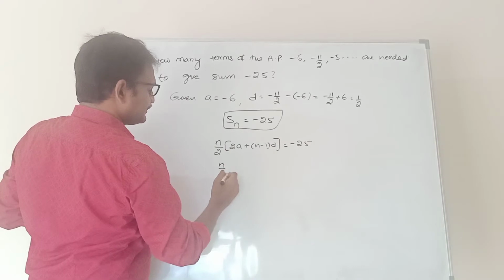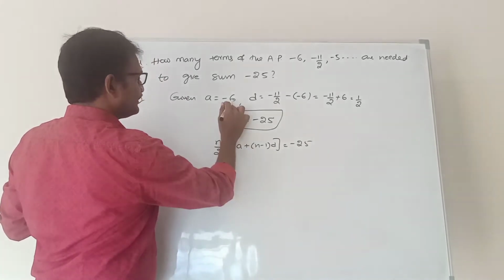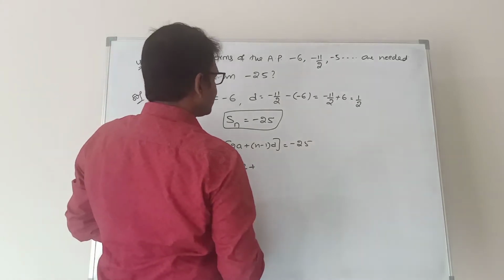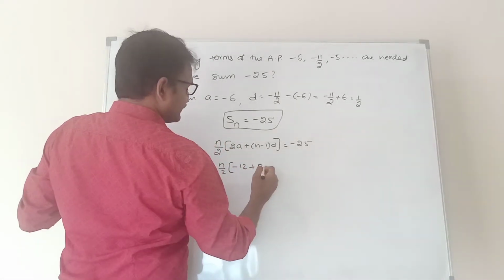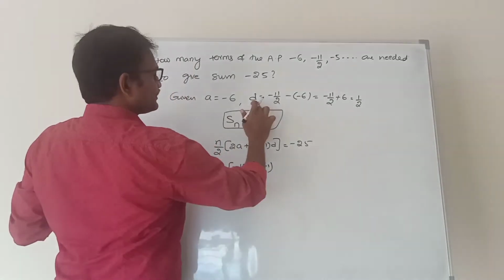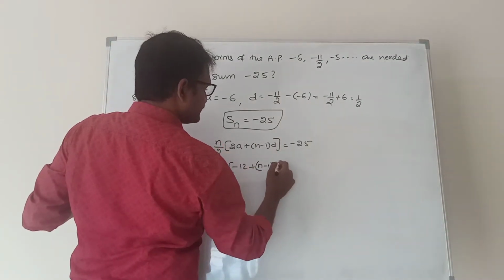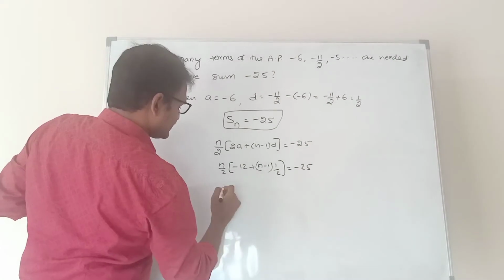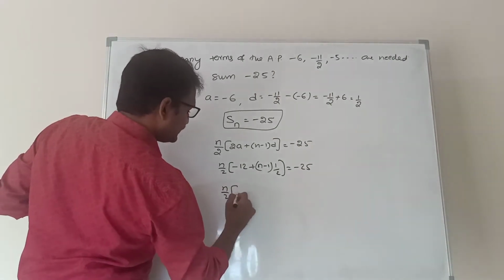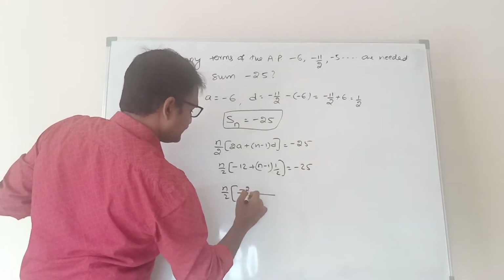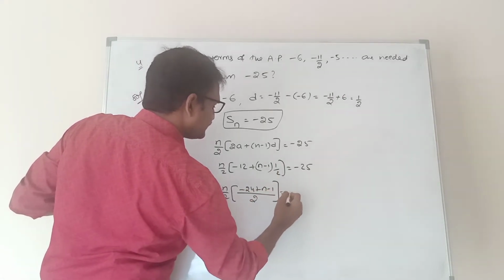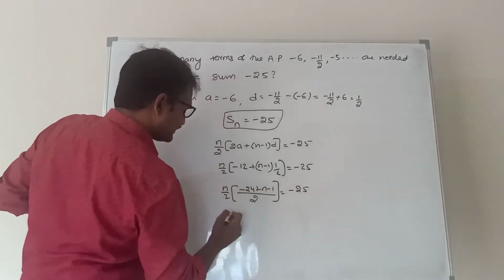So n by 2 into, the a value is minus 6, 2 into minus 6 is minus 12, plus n minus 1 into d, the common difference 1 by 2, is equal to minus 25. If you take the LCM, n by 2 into, here the LCM is 2, minus 24 plus n minus 1 is equal to minus 25.